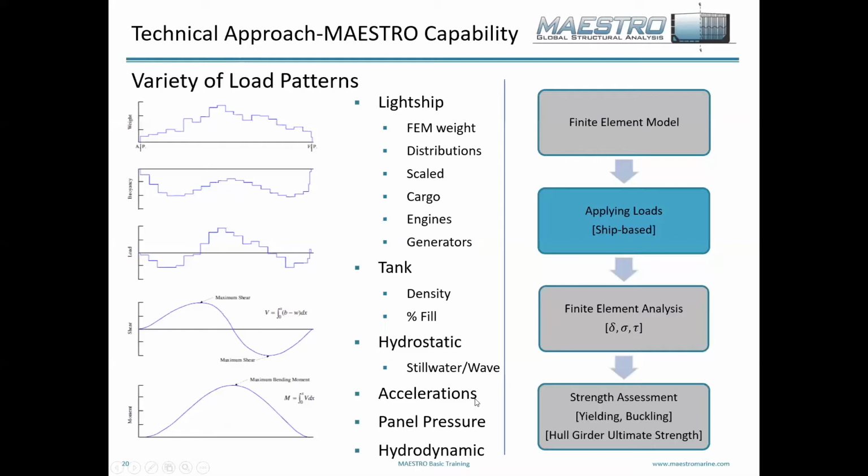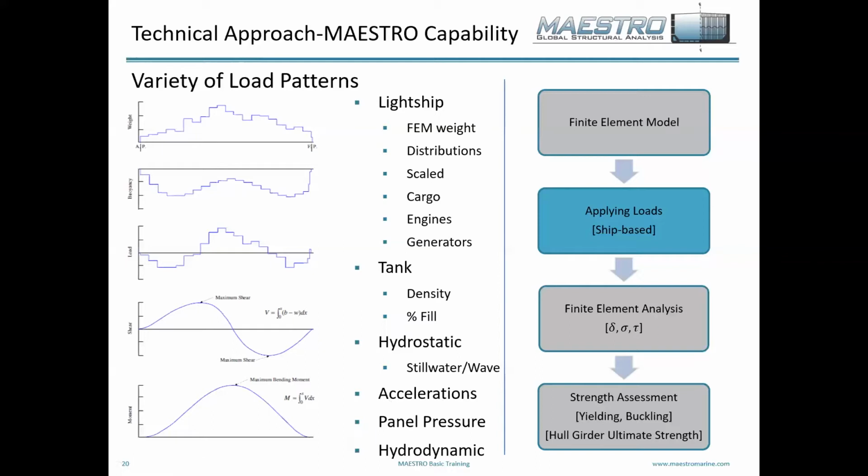But you can also apply specific accelerations at user-defined nodal locations or whatever. Something like Maestro Wave does that automatically and distributes them throughout the ship, with various accelerations on all of the nodes as determined by the hydro code. But the user can also apply individual accelerations within Maestro. There's also the ability to apply pressures to panels.